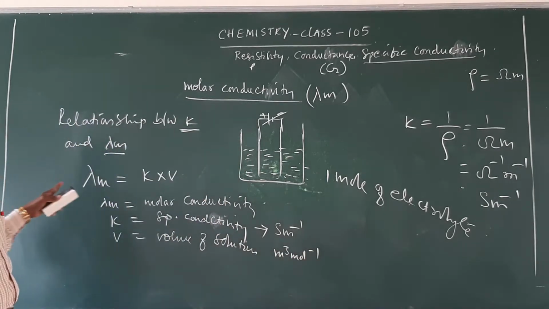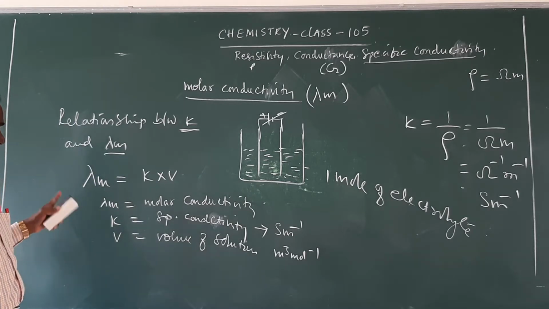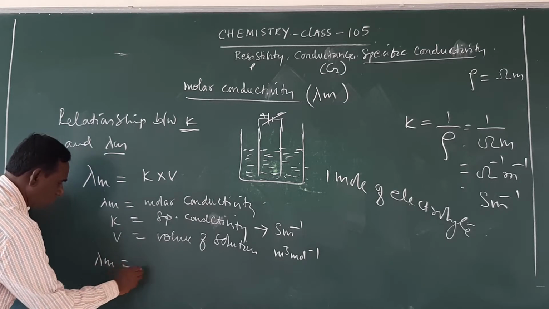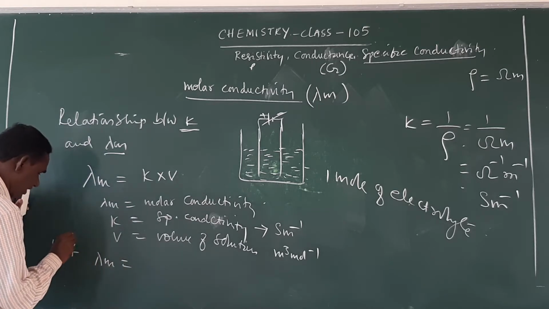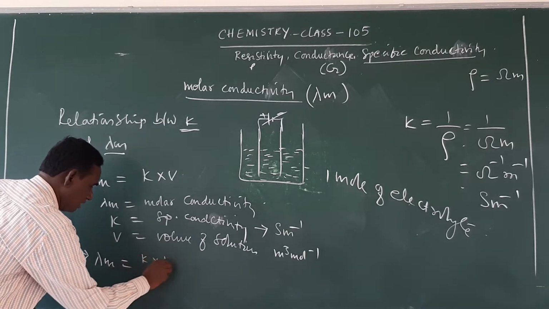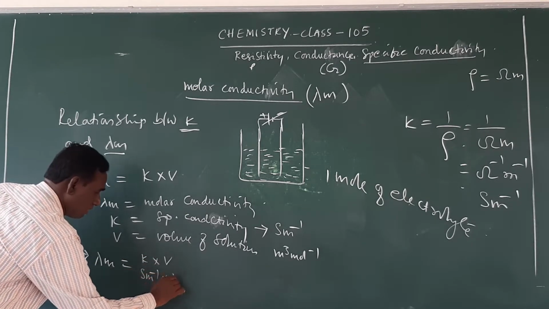So what is the unit of lambda? Molar conductivity is given by the equation lambda is equal to K into V. So the unit: K is Siemens per meter, and V is meter cube per mole.